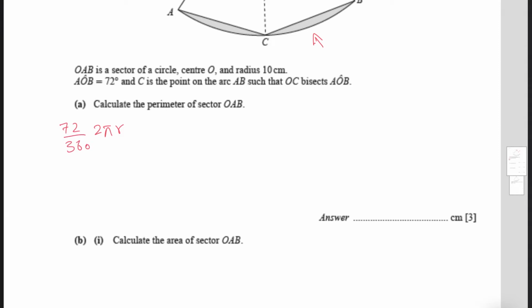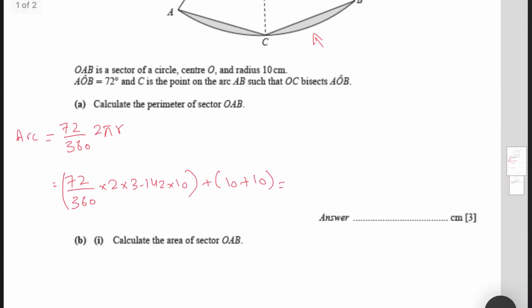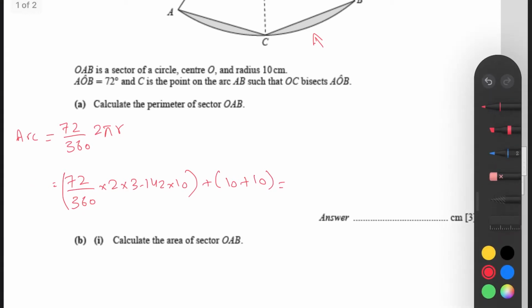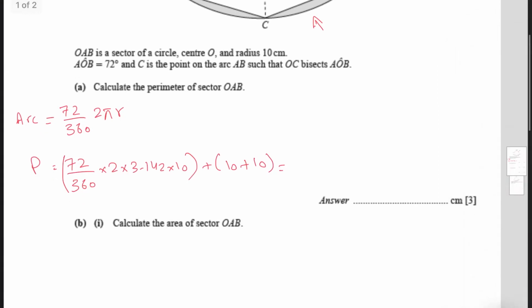Let's plug in the values to find the perimeter. This is the length of the arc. So the arc would be 72 over 360 times 2 times 3.142 times 10. Once you're done with this, we need to add 10 to it and then another 10 to it to find the total perimeter. So I can instead write P over here for the perimeter and plug this entire thing into the calculator.